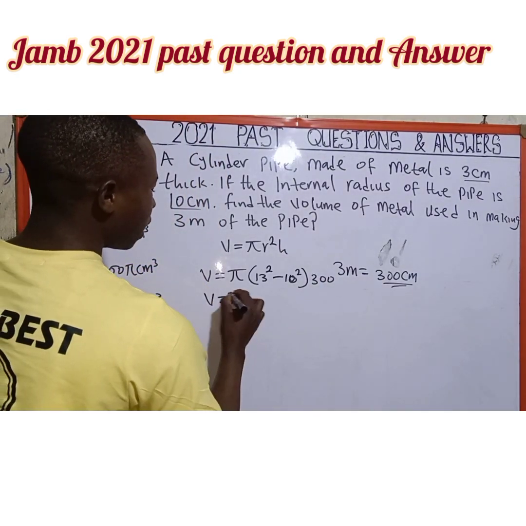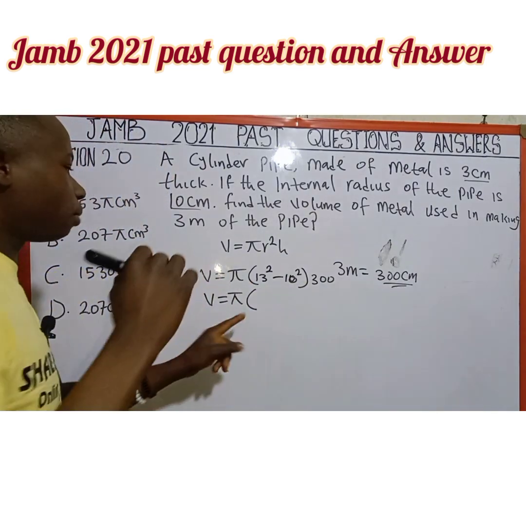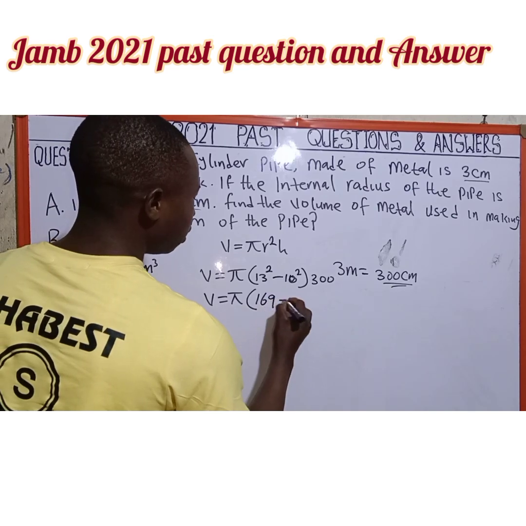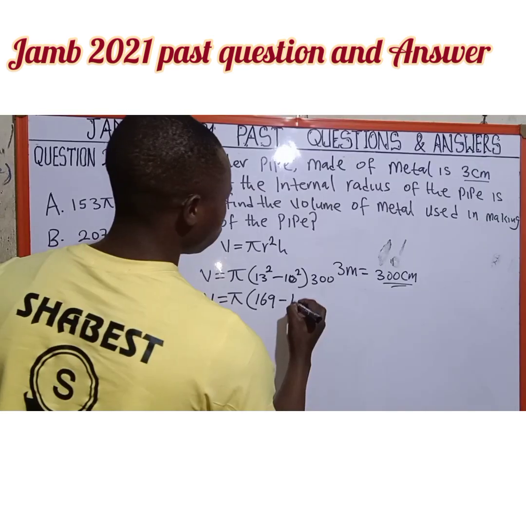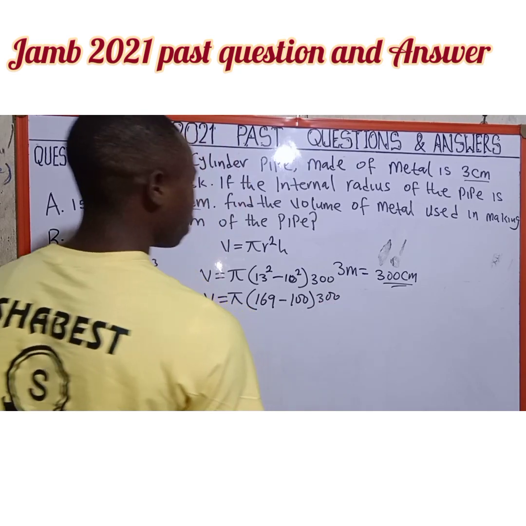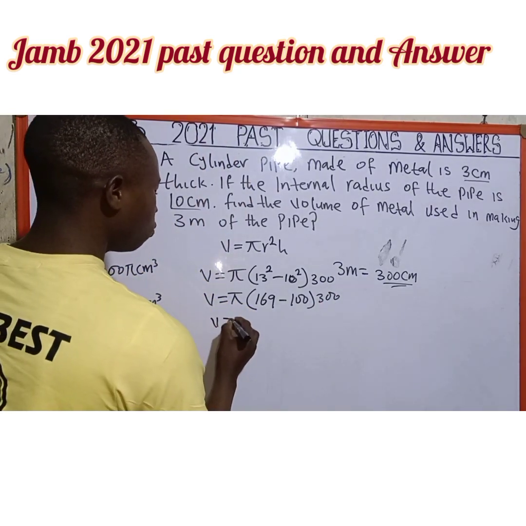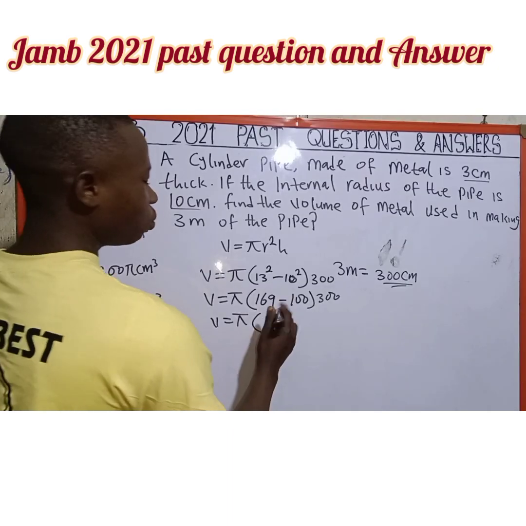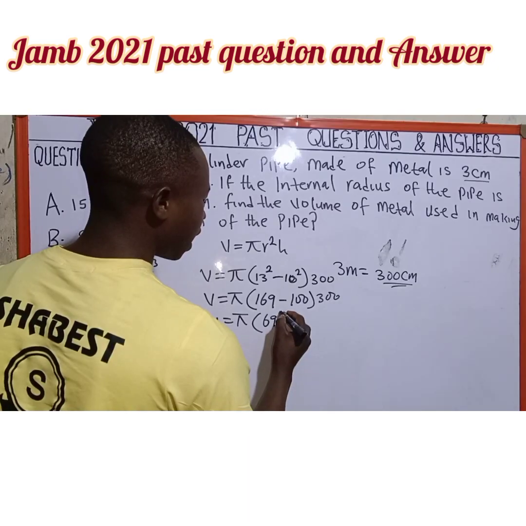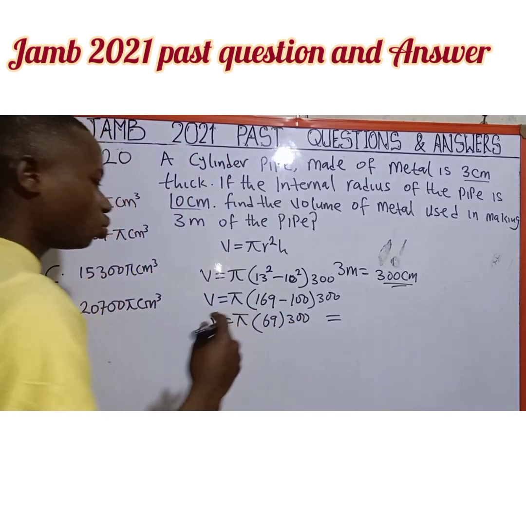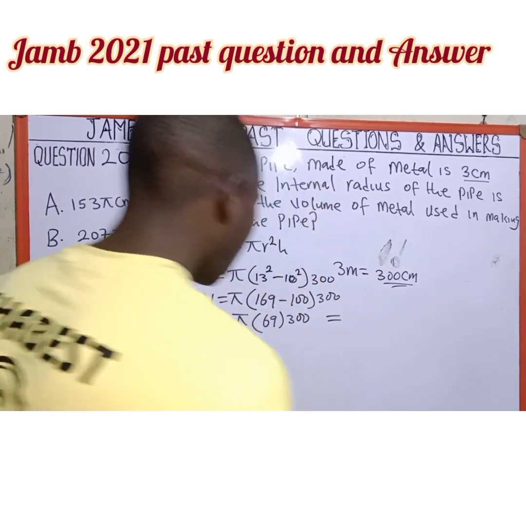We are going to have pi multiplied by 13 squared, which is going to give me 169. Then minus 10 squared, which is 100. Remember, your calculator is allowed. Then everything multiplied by 300. So volume now will be equal to pi into 169 minus 100, which is going to give me 69. Then multiply by 300, which will be equal to, remember, calculator is allowed.